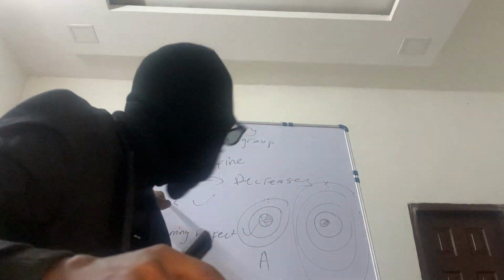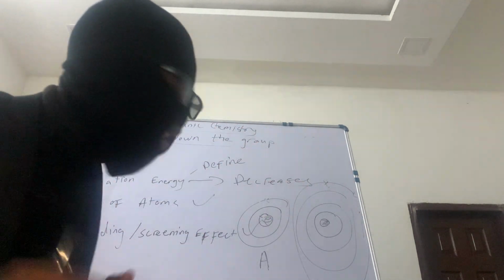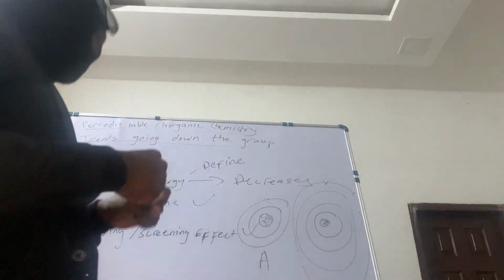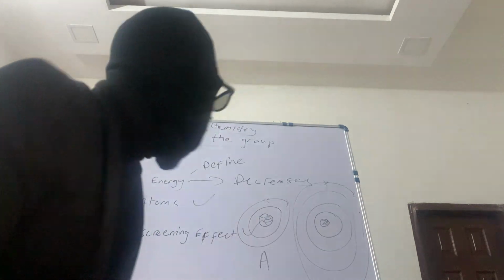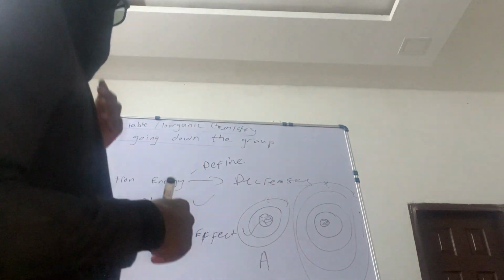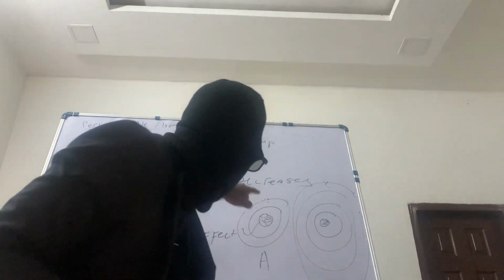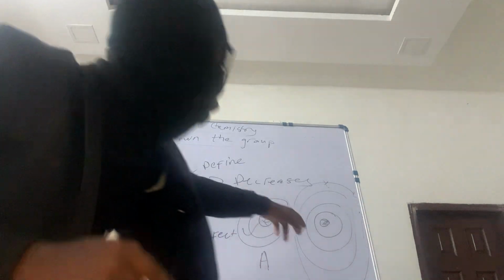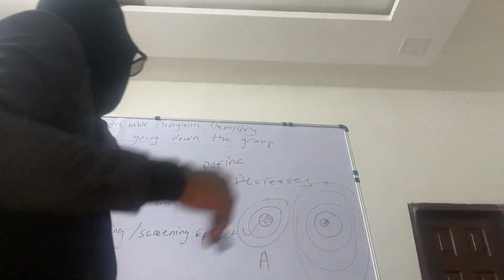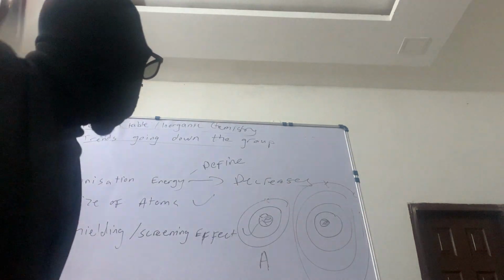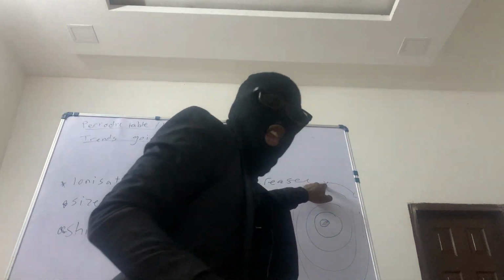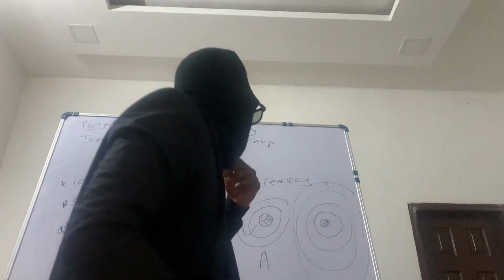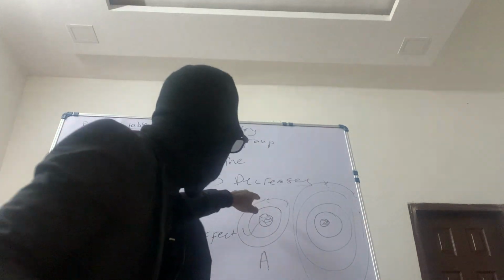What does it imply when we are talking about the ionization energy? We are saying that since atom A offers more force of attraction, there is the requirement of a large amount of ionization energy to be able to remove this electron from atom A. And when we are talking about atom B, the amount of energy required to remove this electron from this atom is going to be less compared to the amount of energy required to remove this electron.